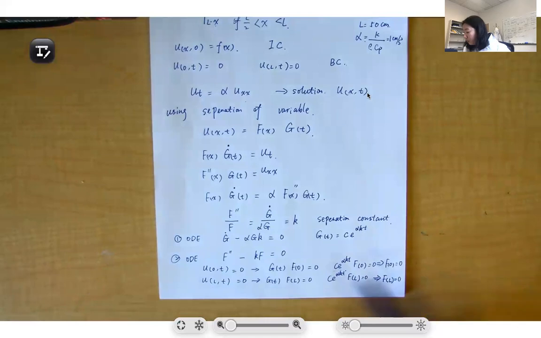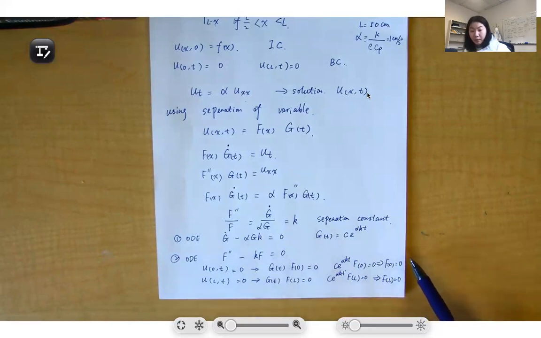So the second order ODE becomes f double prime minus kf equals 0 with the boundary conditions f(0) equals 0, f(L) equals 0. So this is a homogeneous ODE with homogeneous boundary conditions. And if you test the Sturm-Liouville problem set, it's valid.